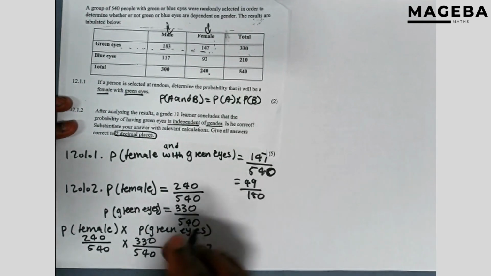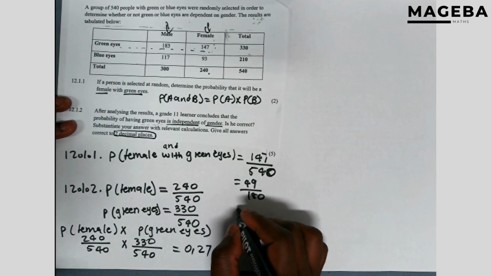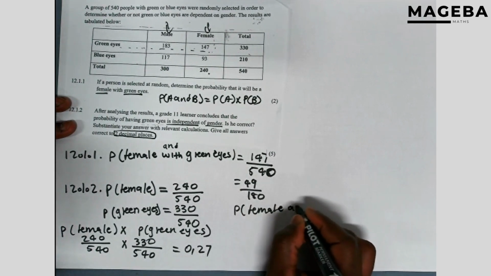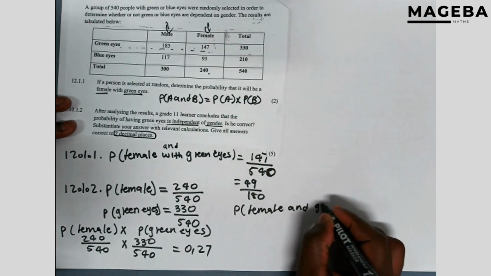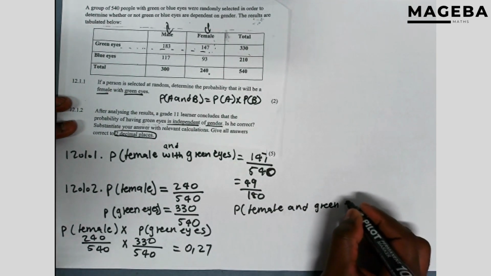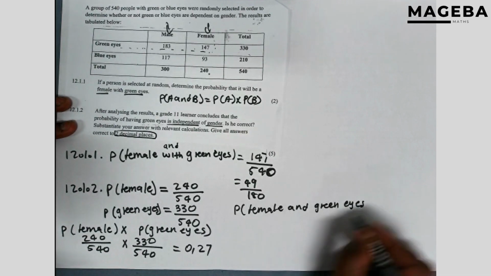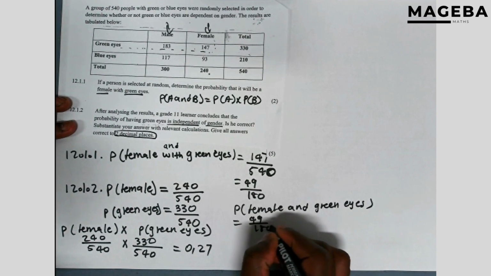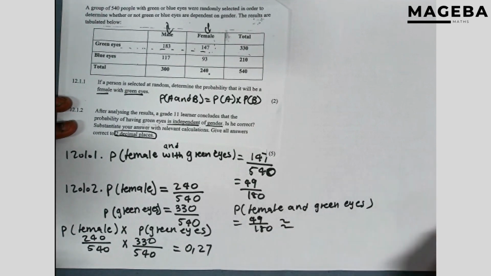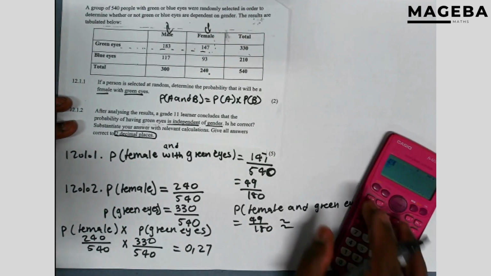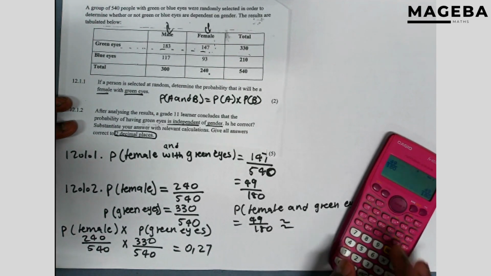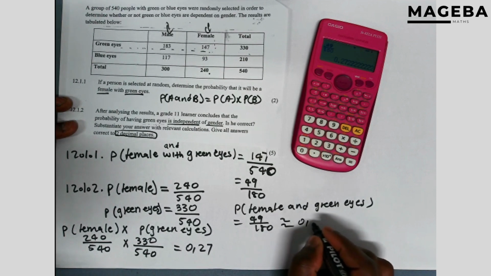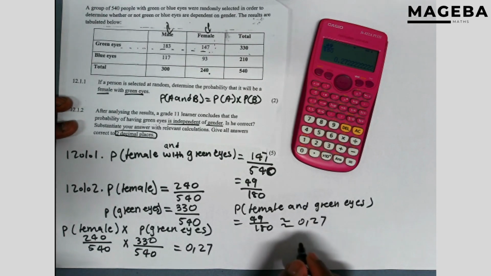0.27. And then here, where we have the probability of being a female and also having green eyes, we already found this one. We know it's 49 over 180, but we need to round it off. What is 49 over 180? If we round this off, we find 0.27.